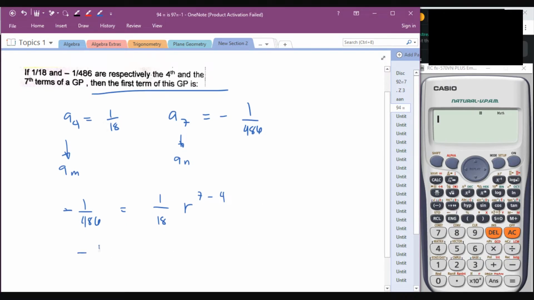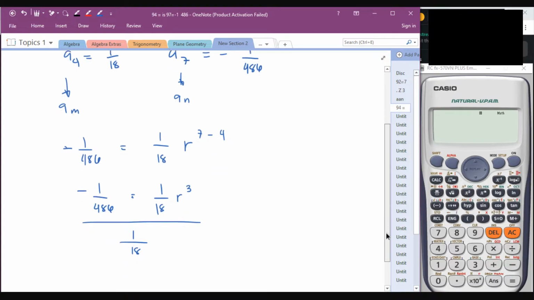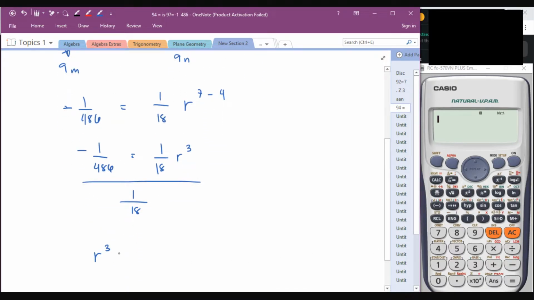So, this is negative 1 over 486 equal to 1 over 18 multiplied by r raised to the third power. Okay, any problem there? None. So, let's simplify further. We divide both sides by 1 over 18 to simplify. So, r cubed is equal to negative 1 over 486 divided by 1 over 18. And then, we take the cube root to find the common ratio.